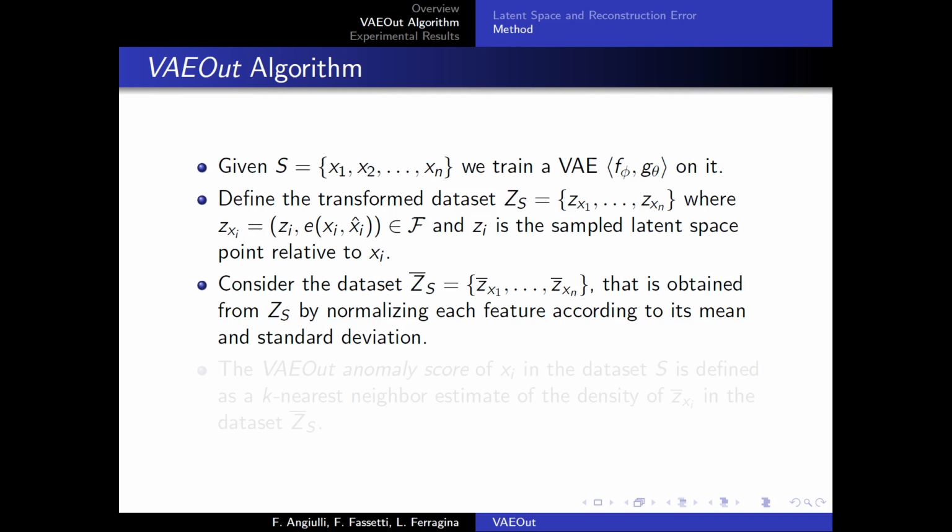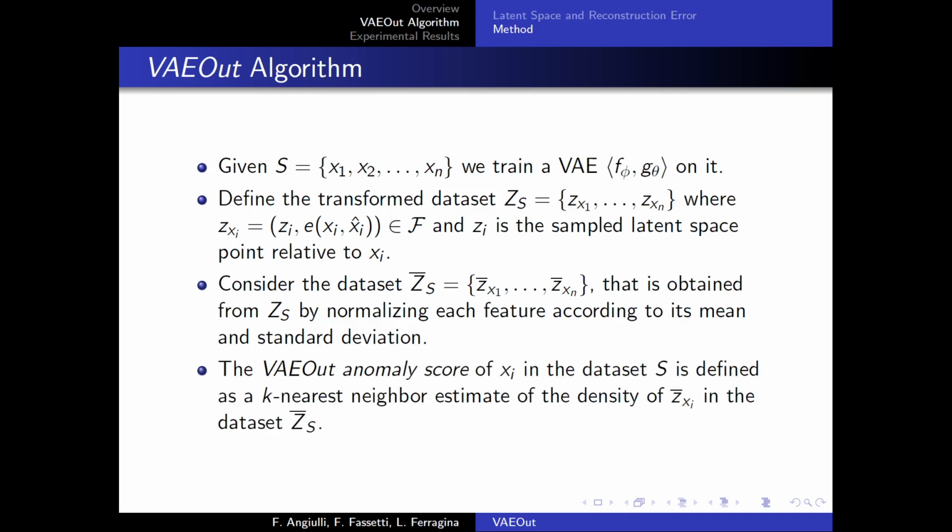Standardization is needed to handle non-homogeneous features. Finally, we define the Variational Autoencoder Out anomaly score of the point xi in S as the k-nearest neighbor estimate of the density of zxi bar in ZS bar.